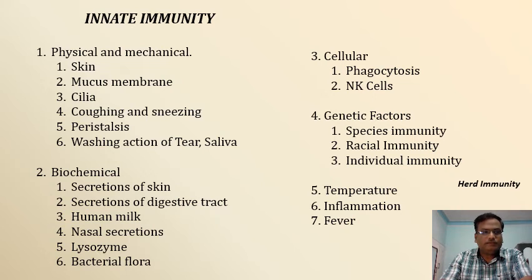The human milk, the breast milk, also contains the lysozyme and other things which provide protection to the baby. The nasal secretions: whenever we get infected, whenever there is irritation, the nose starts running. So it is actually a method of removing the pathogens or unwanted substances from the nasal tracts.